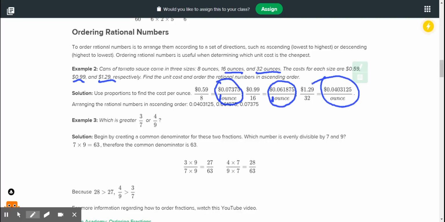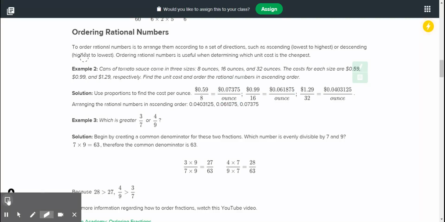So we're going to take the smallest, which, let me erase this here. We are going to take the smallest, which was the 0.0403125. And then the next one is our 0.061875, which is our 16 ounce.